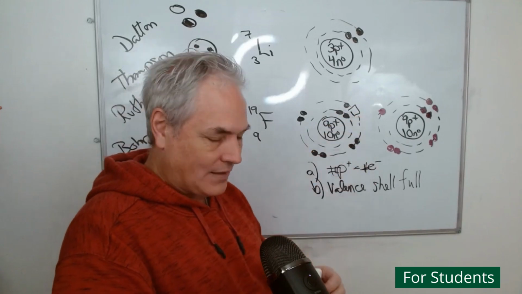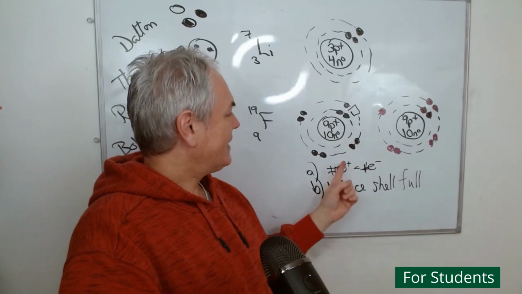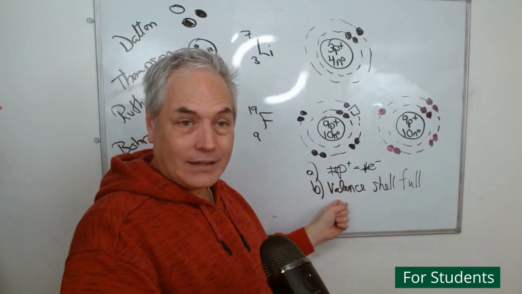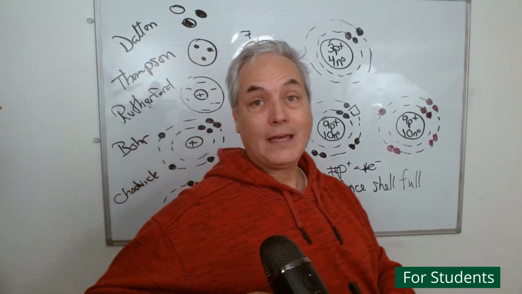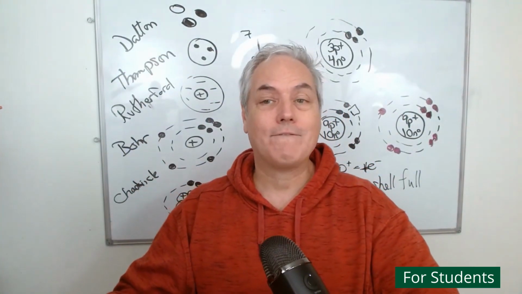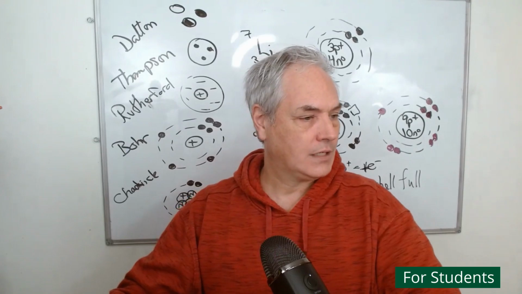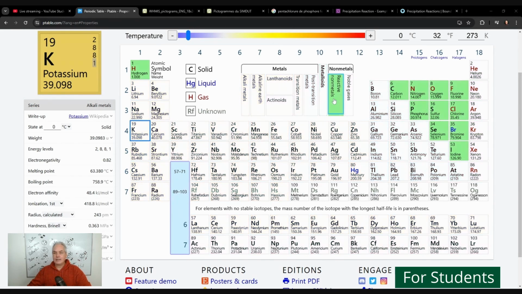So if it could accept 1 electron, then it would account for the second condition. So all the nonmetals want to have electrons to complete their valence shell. Very nice.